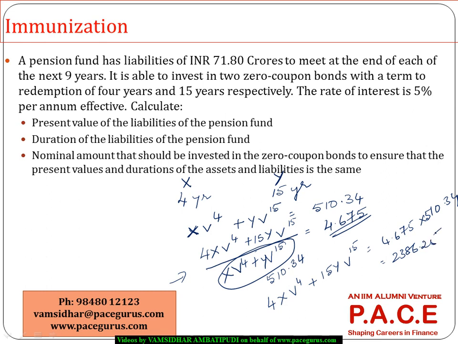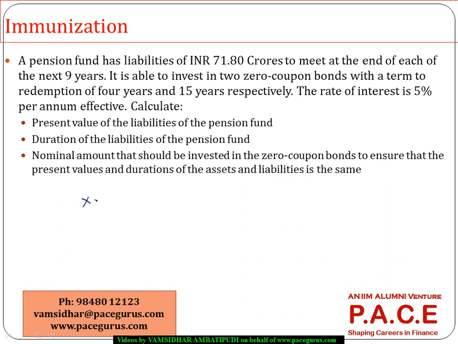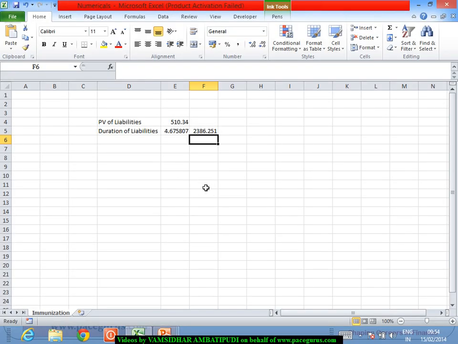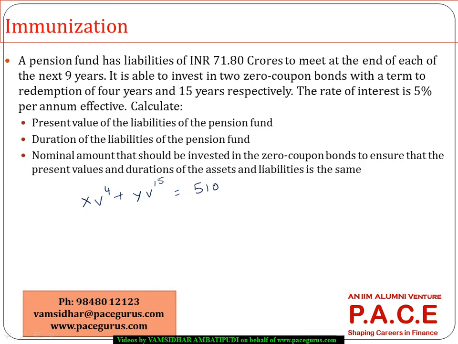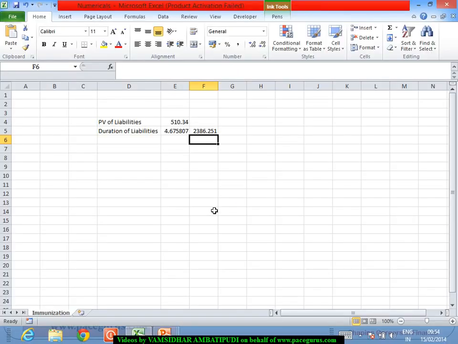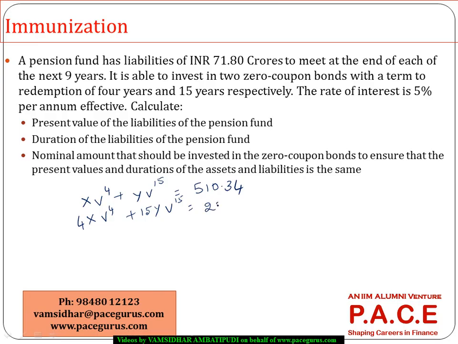So that means I have two equations now. x v^4 plus y v^15 is equal to 510.34. The other equation we have is 4x v^4 plus 15y v^15 is equal to 2386.25.